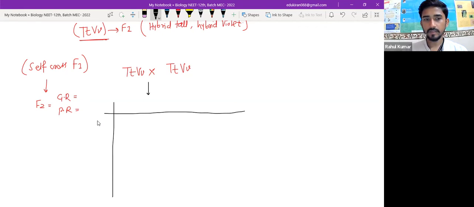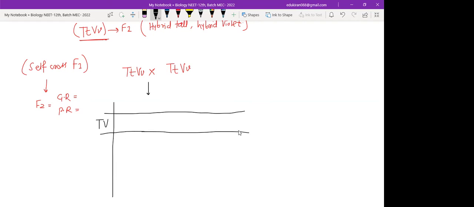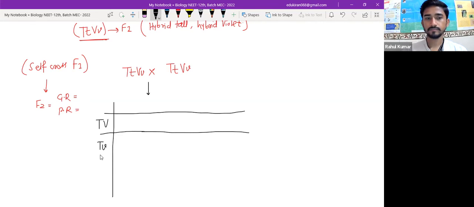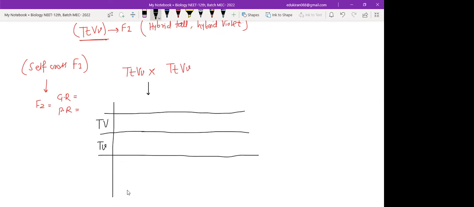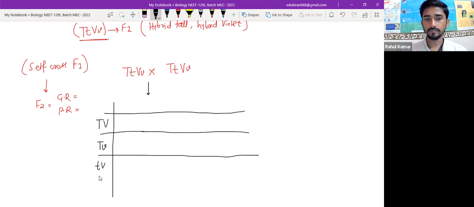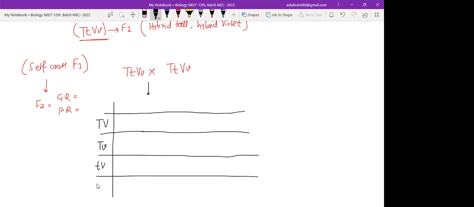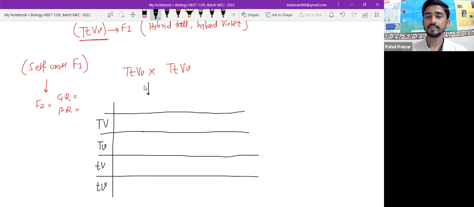One gamete can be capital T, capital V, then capital T, small v, then small t, capital V, then small t, small v. There are four possible gametes. Similarly, there will be four for the other one as well, because both are the same.